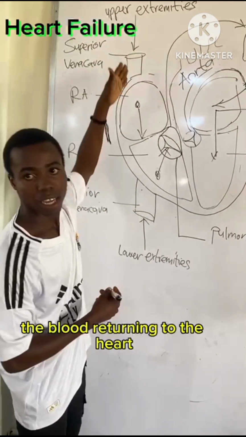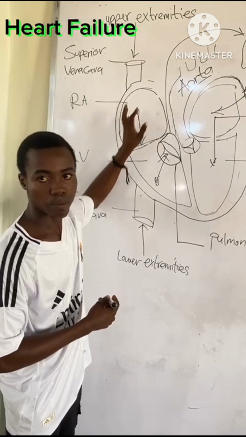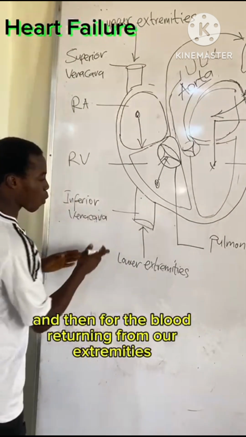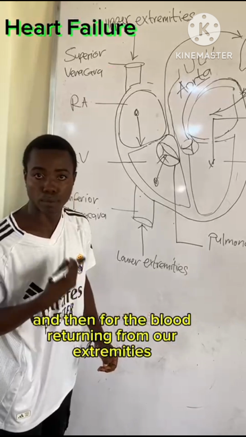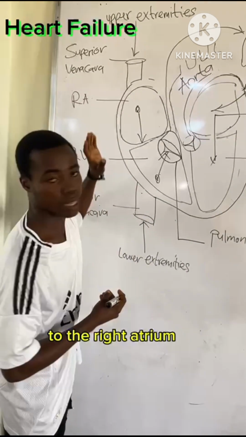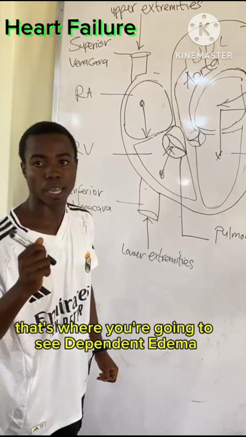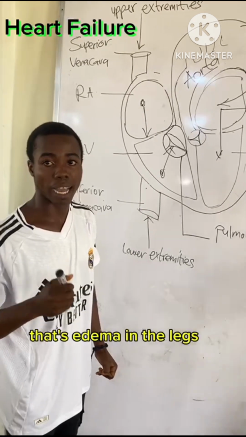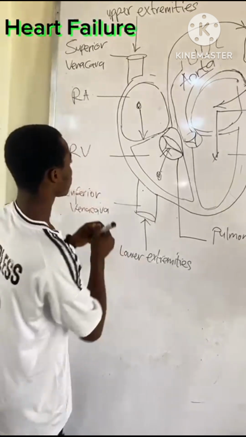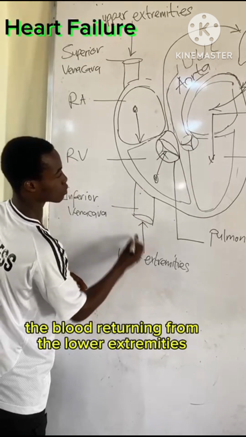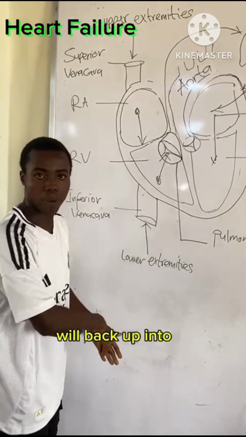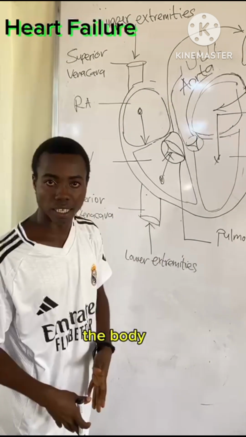So there will be no way, or there will be reduced blood flow, for the blood returning to the heart. And then for the blood returning from our extremities to the right atrium, when there's right-sided heart failure, that's where you're going to see dependent edema. That's edema in the legs, because the blood returning from the lower extremities will back up into the body.